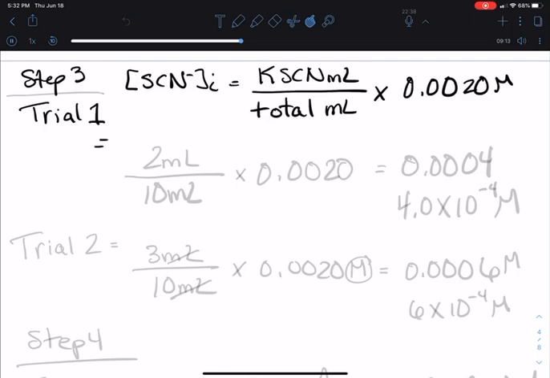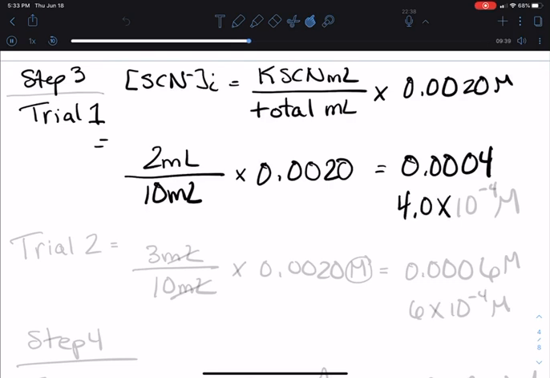So trial 1 would then equal 2 milliliters, and you can reference back to the table for these, divided by the total 10 milliliters multiplied by 0.0020, which again, if my numbers are right, double check those, comes out to 4 times 10 to the negative 4 molarity. So I'm just going to add that to the table.